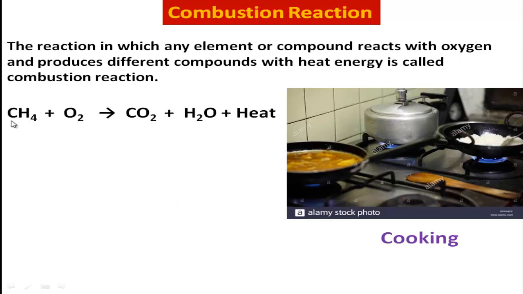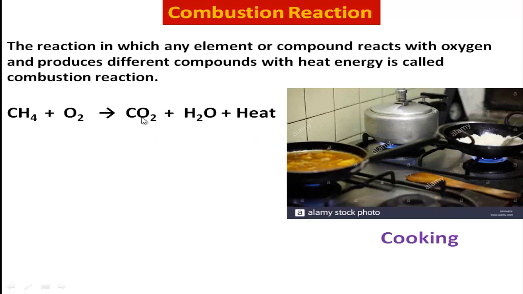Here this compound's name is methane, and methane is actually the main chemical composition of natural gas. So methane is mainly natural gas, or natural gas is mainly methane. So when this methane is used as fuel during cooking, then this methane reacts with atmospheric oxygen and produces carbon dioxide, water and heat. Carbon dioxide gas, water vapor and heat.